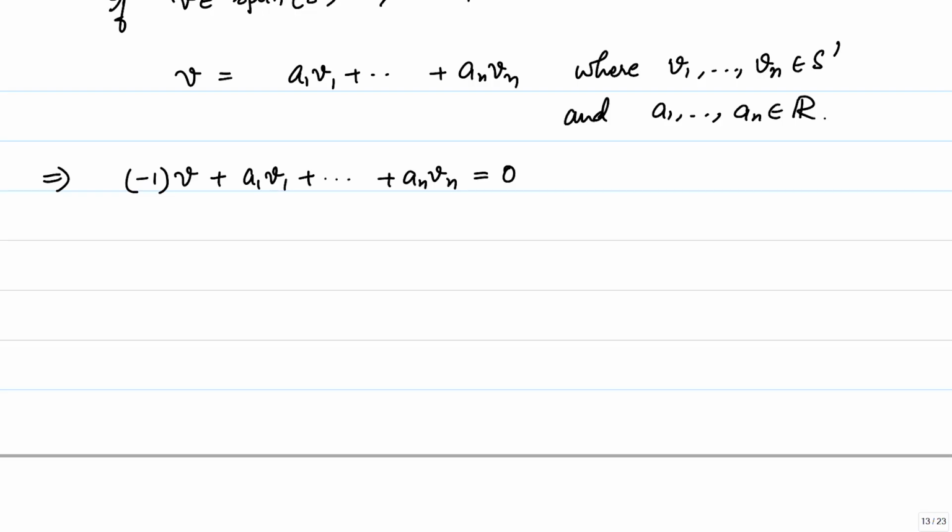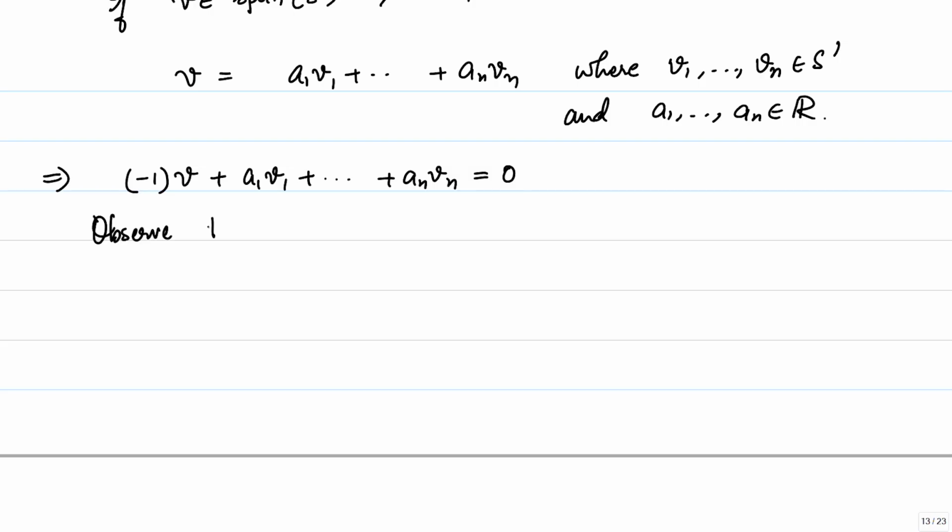But here there is a linear combination of V, v1, v2 up to vn which is equal to 0, such that not all coefficients are equal to 0, because in particular the coefficient of V is not equal to 0.